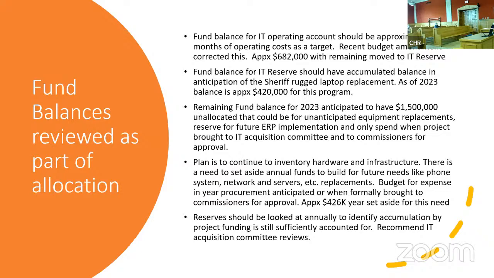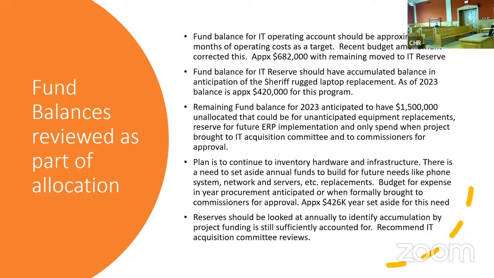And then the IT reserve also has the balance, like I said, for the sheriff's rugged laptop replacement of about 420,000. Then the good news is, in addition to all that, there is an additional balance that's unallocated. It's not set up for any particular thing. It's about $1.5 million.